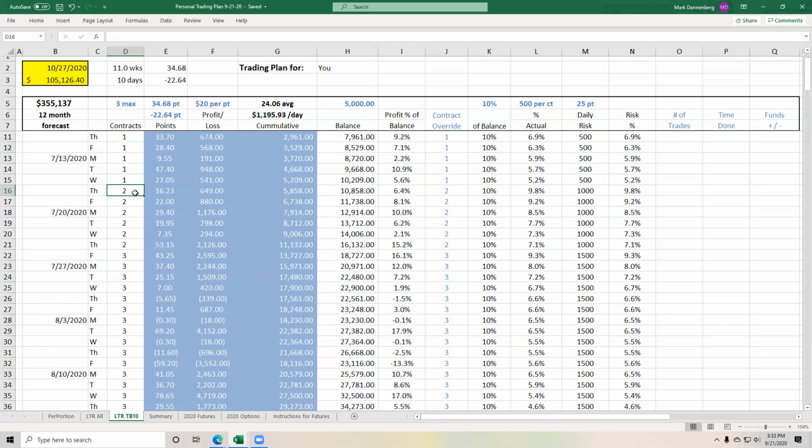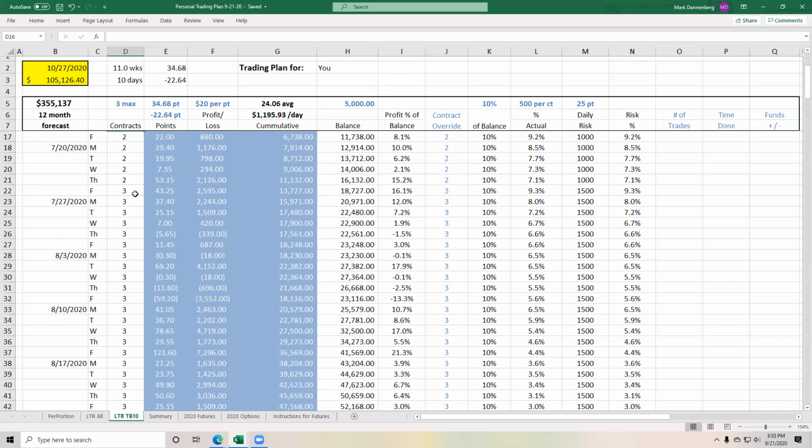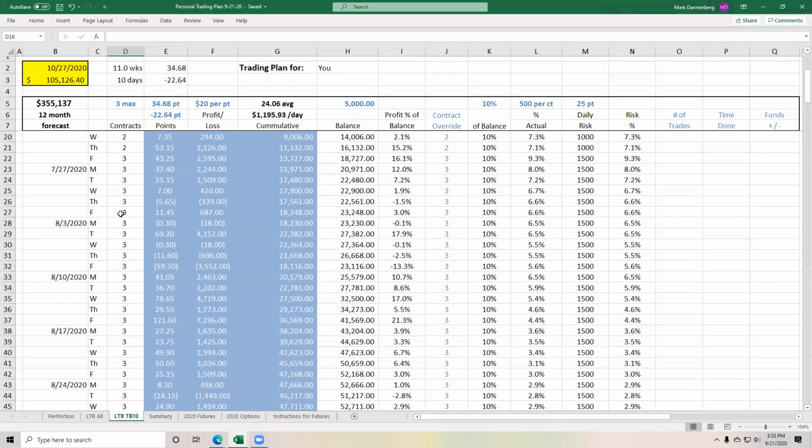However, 2 contracts requires $1,000 of margin, and we have more than $10,000 available in the account to trade that. So the program, the personal trading plan, which is designed specifically for you, you're going to build this as your financial forecast tool for your personal trading business. This plan will continue to scale the number of contracts until you decide you don't want to trade more contracts.